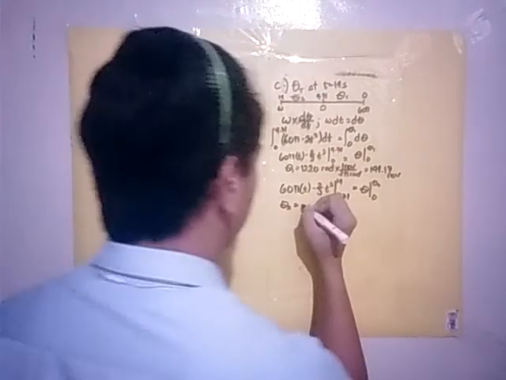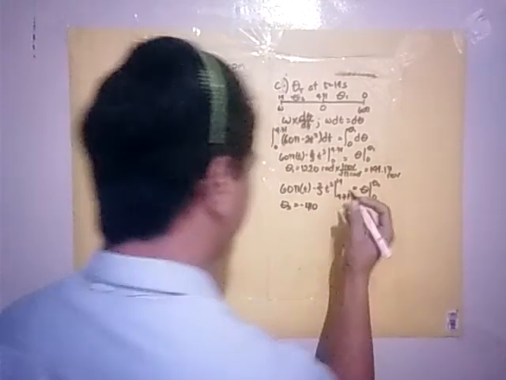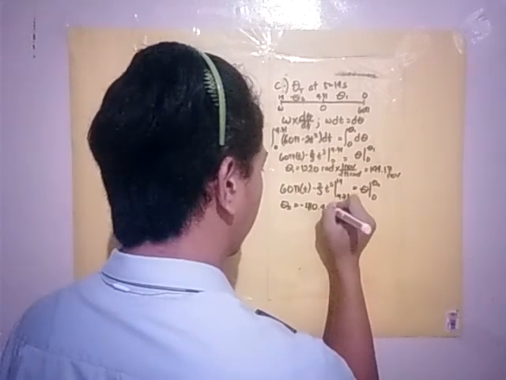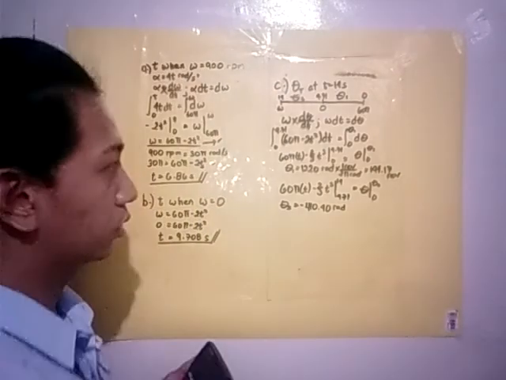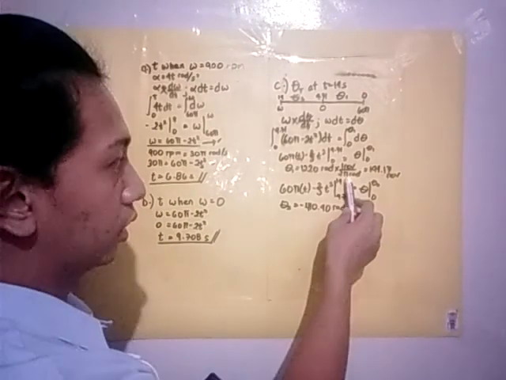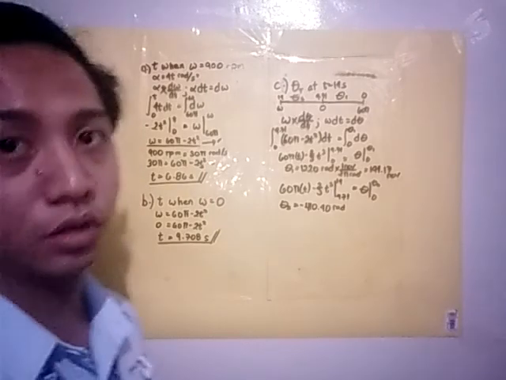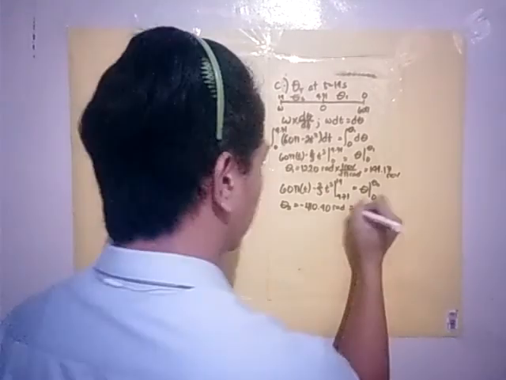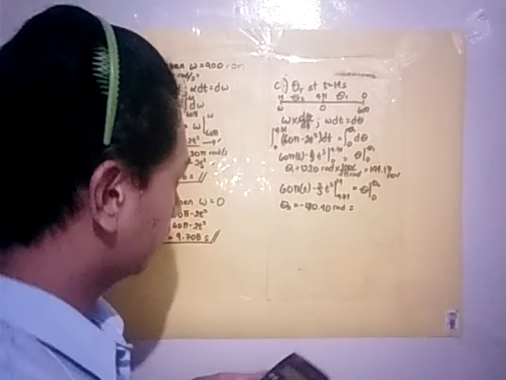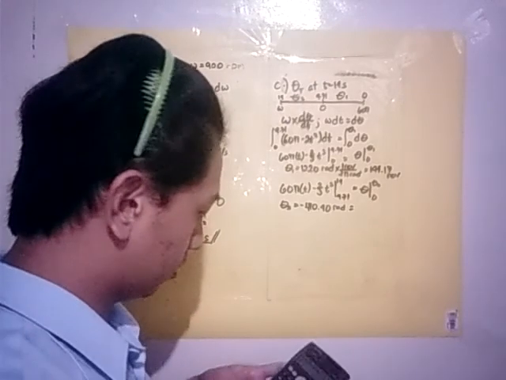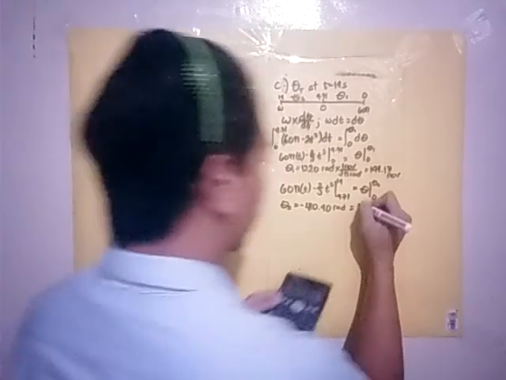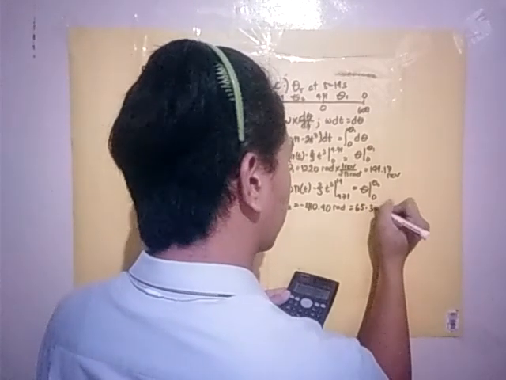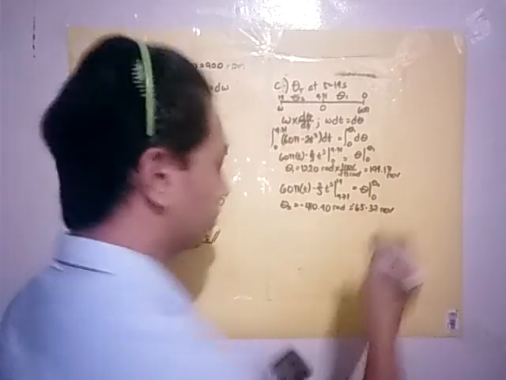negative 410.40 rad, and I convert it again to revolutions by simply dividing by 2 pi, and I will get negative 65.32 revolutions.